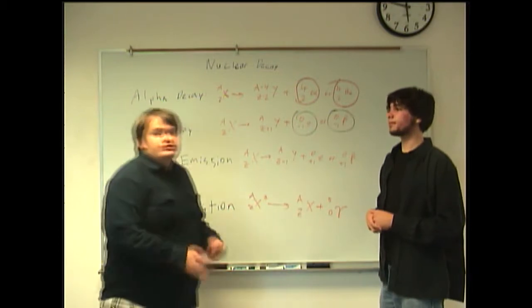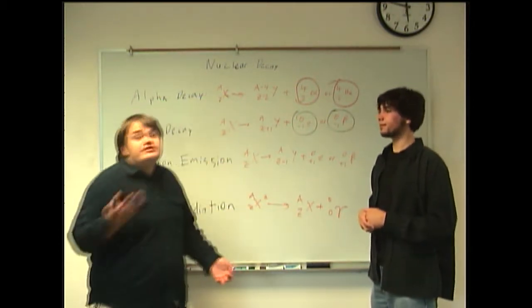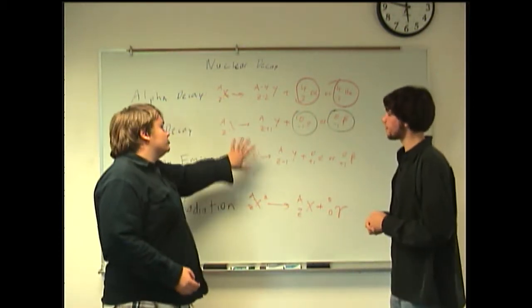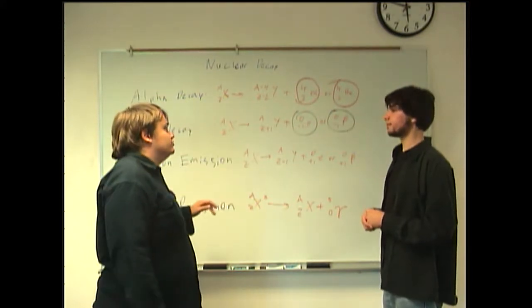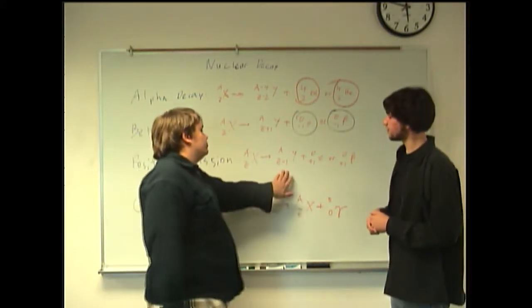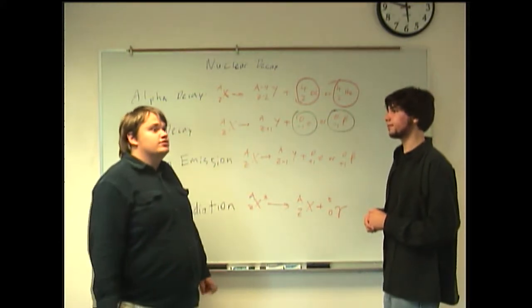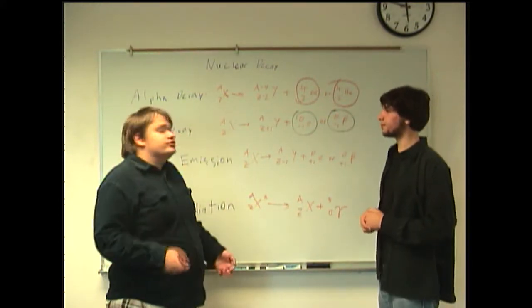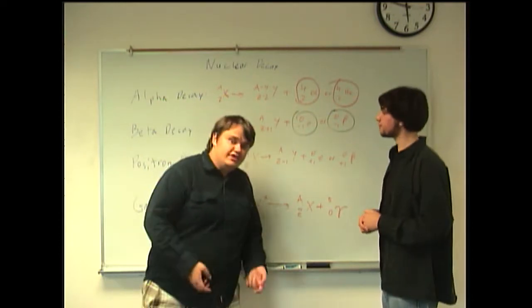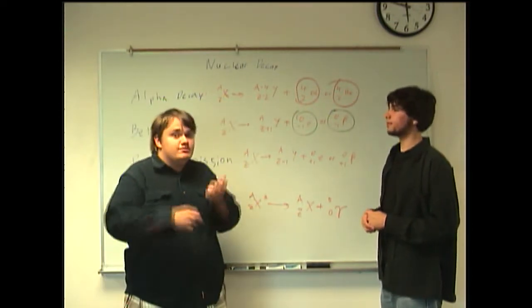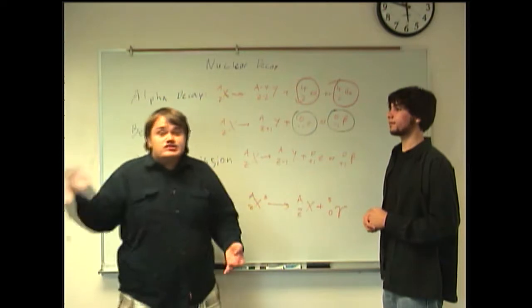It's kind of equal to beta emission, but opposite. You start out with your nucleus as you normally would. Then you form your other nucleus, except this time, instead of losing an electron, you lose what's called a positron. Now, a positron is the same size as an electron, but it has an opposite charge.